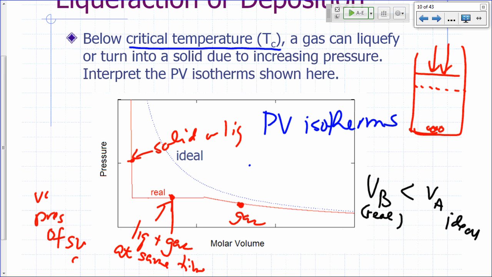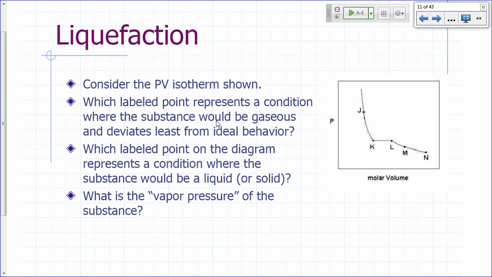If this is the overall molar volume, this point would be the molar volume of the solid or liquid, and this point would represent the molar volume of the gas. That's the typical behavior of a gas that, if you squeeze it at a given temperature, will turn into a liquid or a solid.